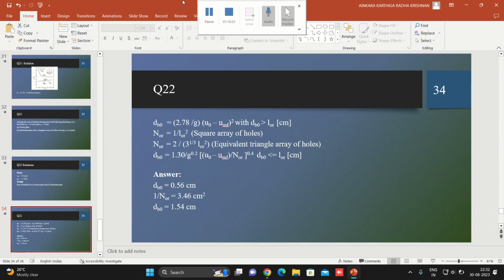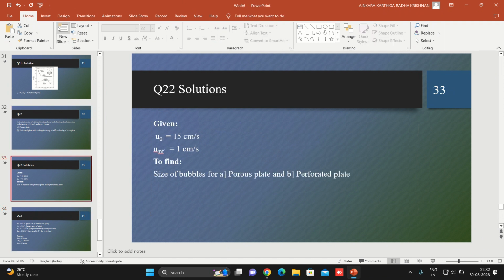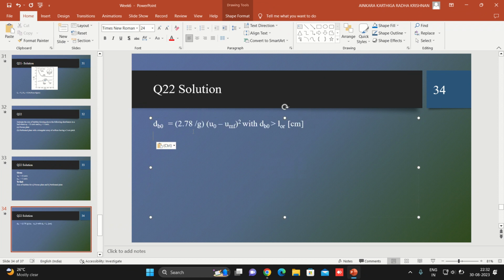The formula for the same is given in this slide. So we'll go over step by step manner. Question 22, solution. So the first thing is formula.